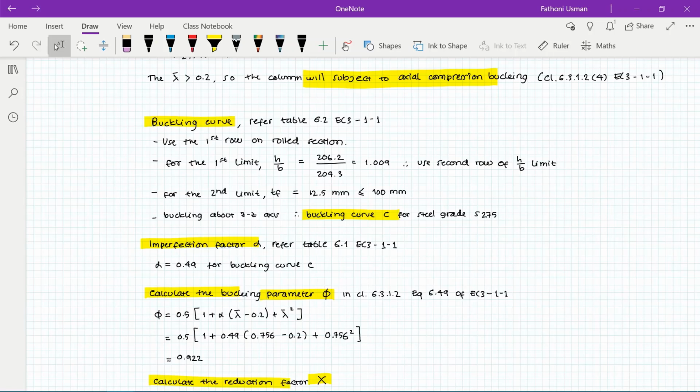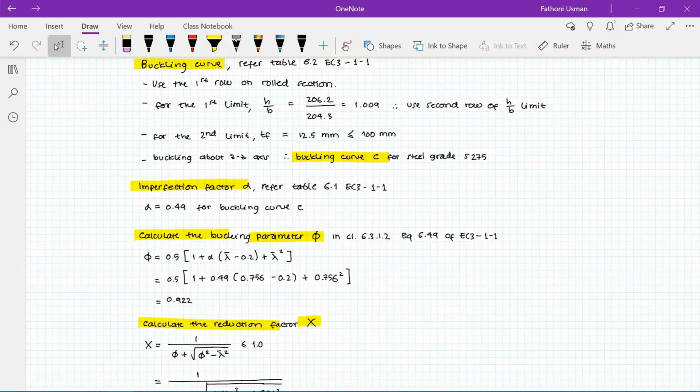So we have it is 1.009. So based on the table, we use the second row of h over b limit. There are two limits for the h over b: bigger than 1.2, less than 1.2. For the second limit is the tf. So we select the second limit because the thickness of the flange is less than 100 millimeter. So for the buckling about z-axis, and for the steel grade S275, the buckling curve is buckling curve c.